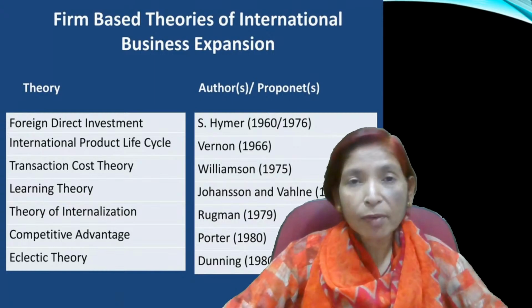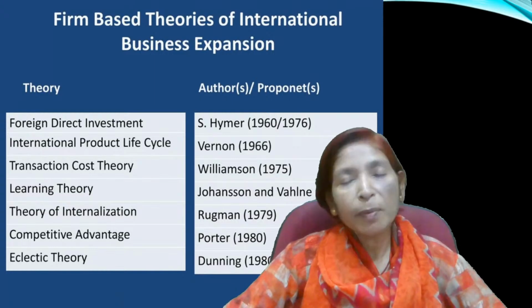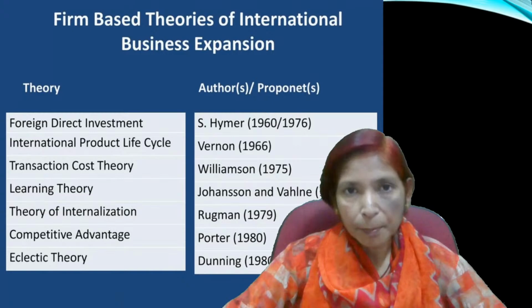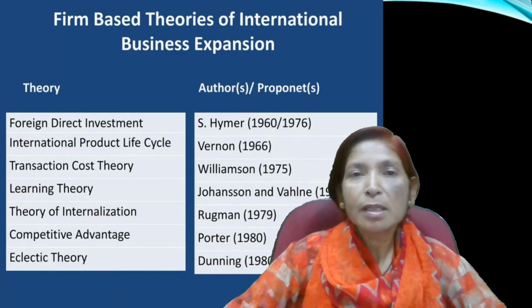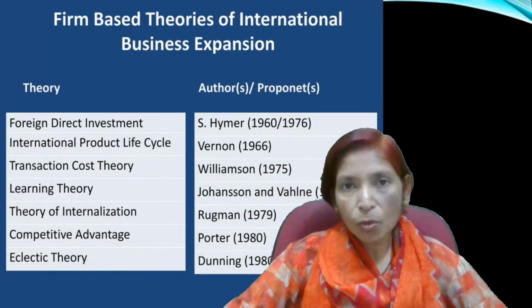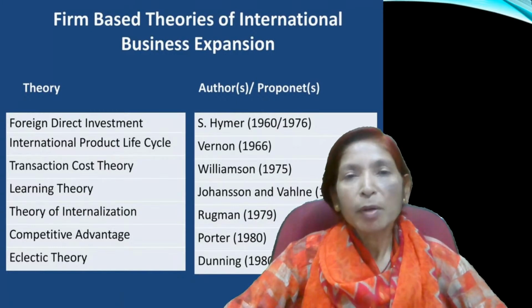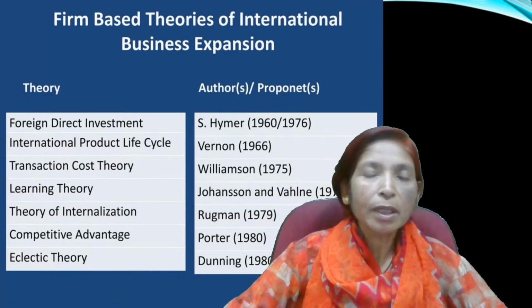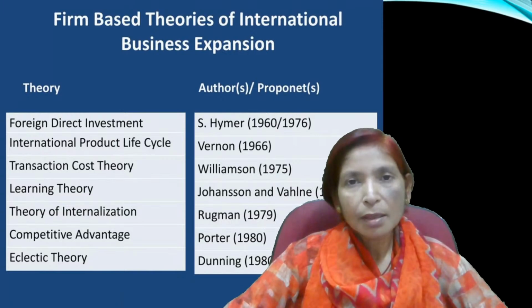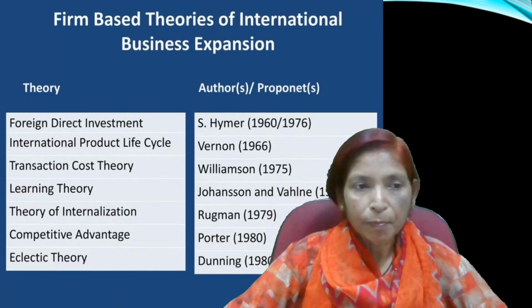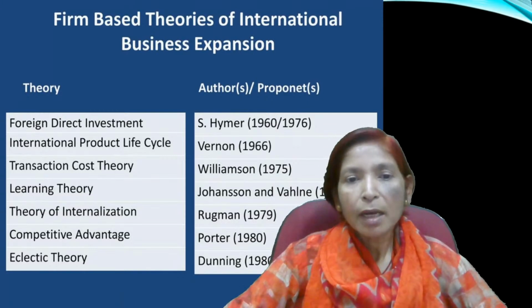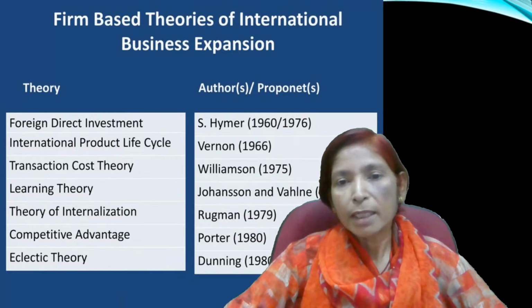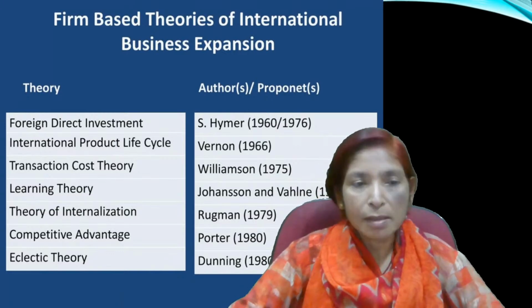But in some specific industries, 74% FDI is permitted. And for others, 100% FDI is permitted with the automatic route, without taking any permission from the government and without any restrictions or hurdles. So the FDI, foreign direct investment theory, was developed by S. Hymer from 1960 to 1976.